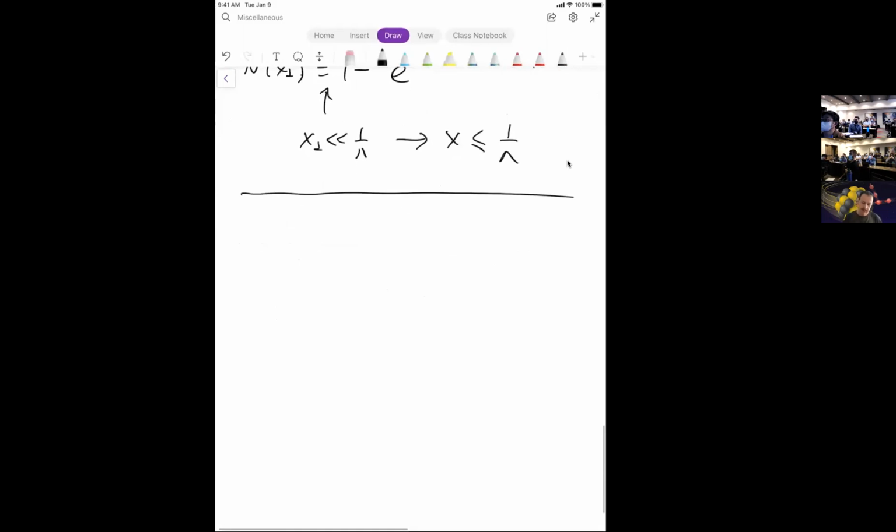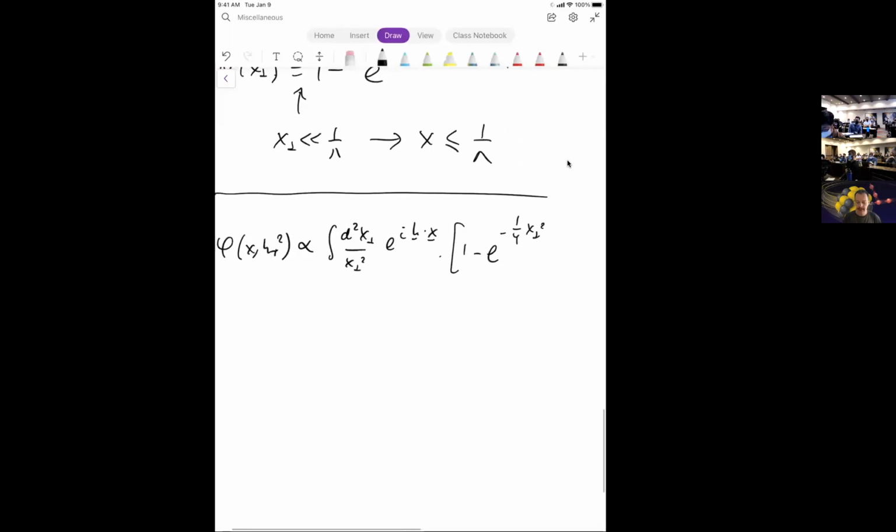So the way you construct it really is more subtle. First the ballpark answer: this object phi of x, k_T squared is some Fourier transform of this type, and then there is this 1 minus e to the minus 1/4 x perp squared Q_s squared.